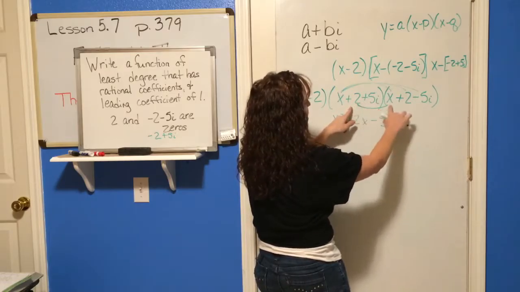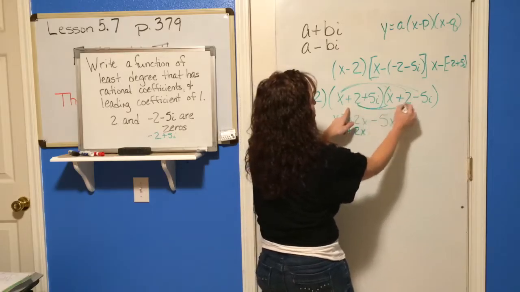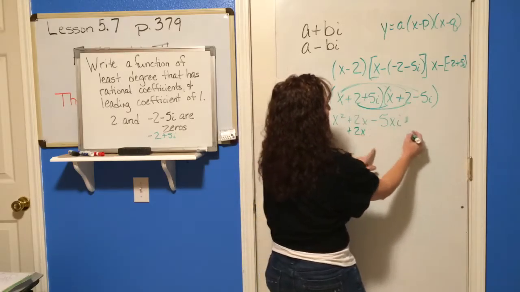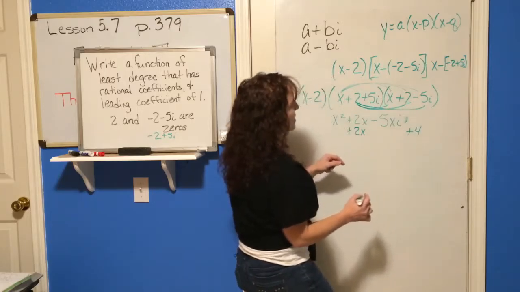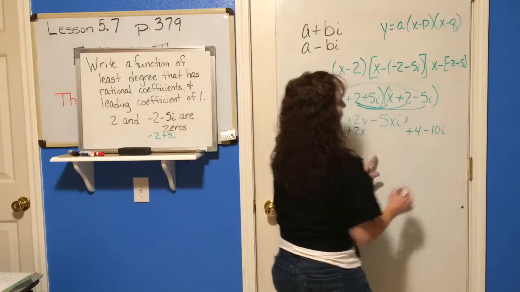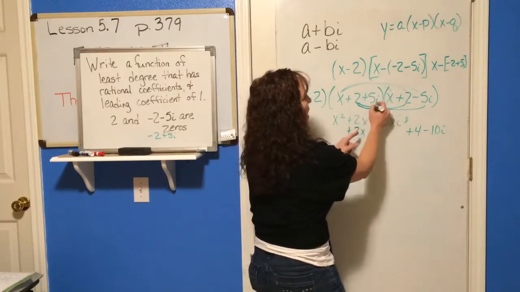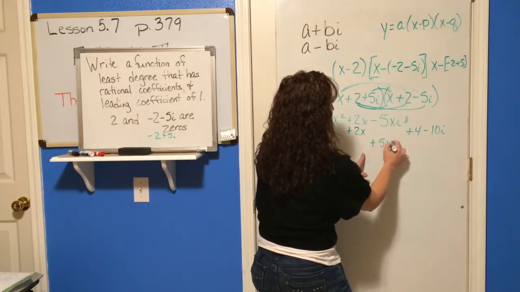So this is going to be 2x plus another 2x here. And then 2 times 2 is 4. That doesn't match here, so we're going to put it over here. And then 2 times negative 5i is going to be negative 10i. And now we're going to have 5i times x is plus 5xi.